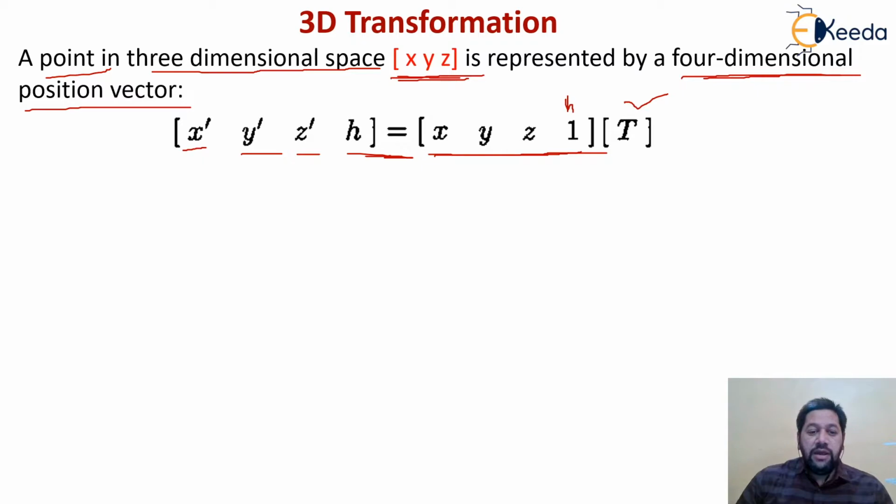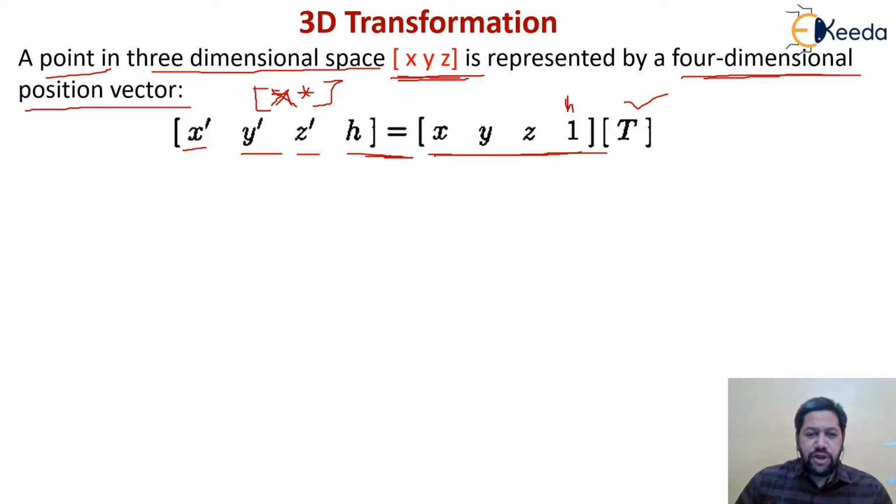In another representation, or in a different textbook, this may be represented as follows. Suppose this is my x. After the transform, I get it as x dash or x star. This x may represent a point, a line, or an object.